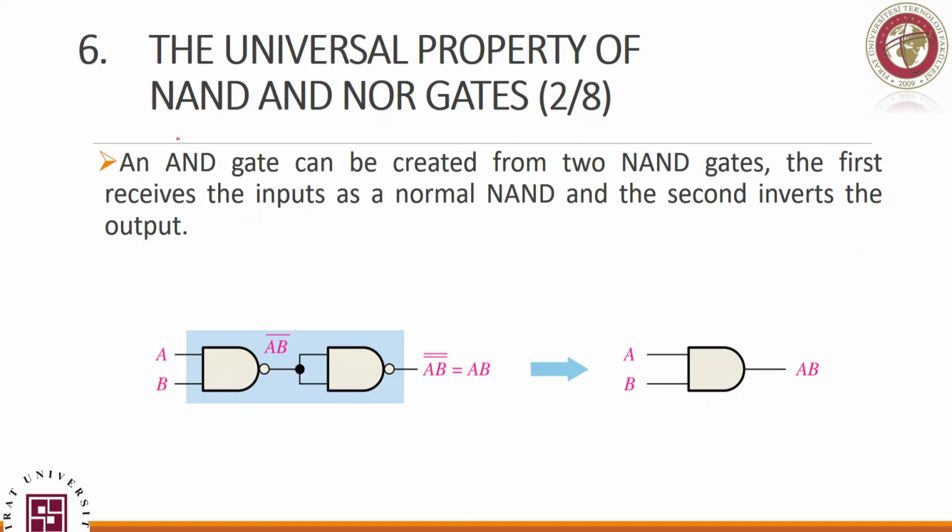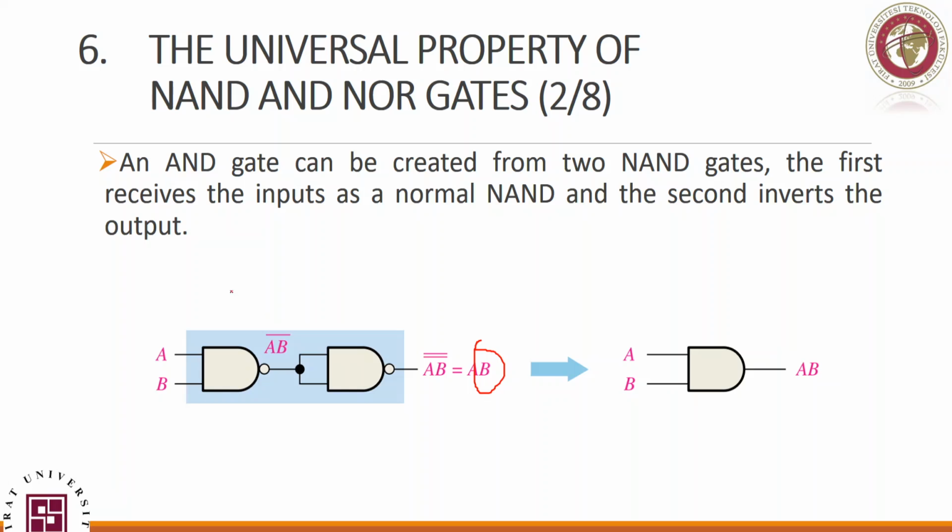Now, if you want to get an AND gate from a NAND gate, you take the NAND gate the way it is with its output, and then you connect the output, both of it, to the two inputs of the next NAND gate, and it will be just inverted. It is a NAND gate with a NOT gate. It takes you back to AND.